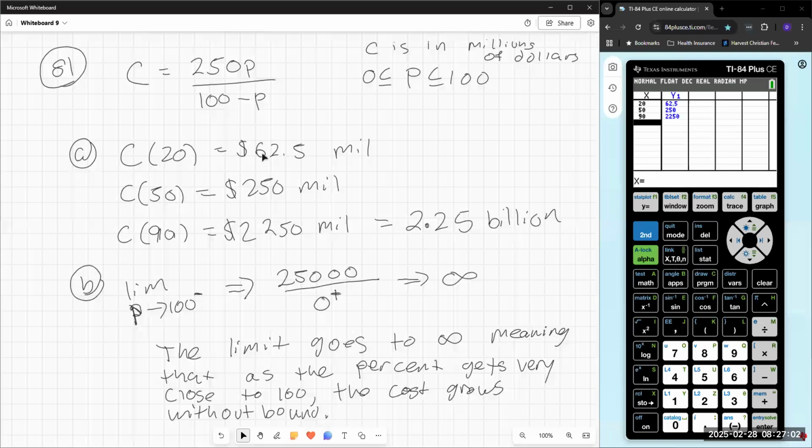It went from 62.5 million at 20%, which is already a big number, to 250 million. Maybe, you know, in government projects and things like that, that's not so bad. But now to try to get 90%, we're spending $2.25 billion, right?